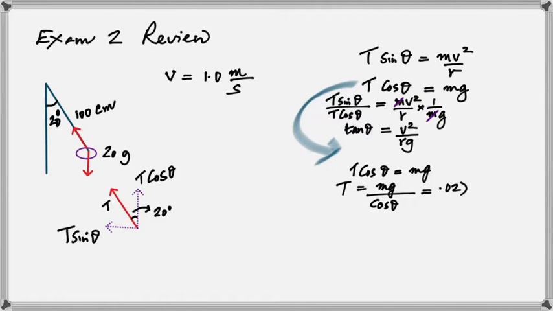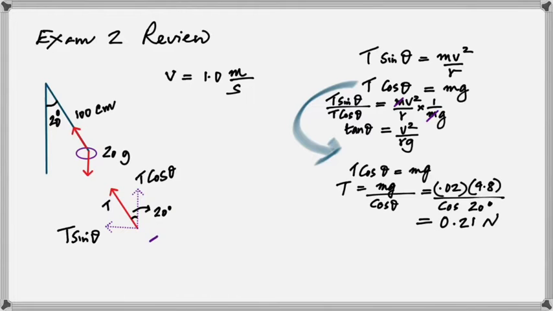Now, m is the mass, it's in grams, so I divided it by 1000. So 20 divided by 1000 is 0.02, times g, divided by cosine of 20. When you put all those numbers into the calculator, you will get 0.21 Newton. Tension is force. That's how you get 0.21 Newton. I hope that is clear.